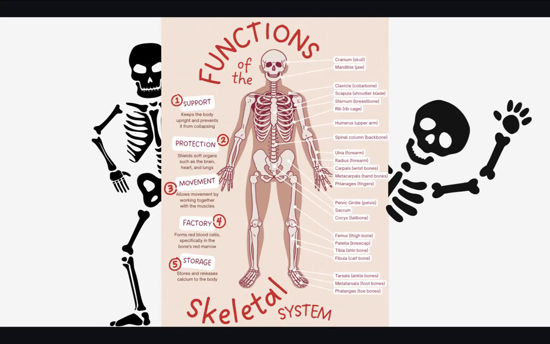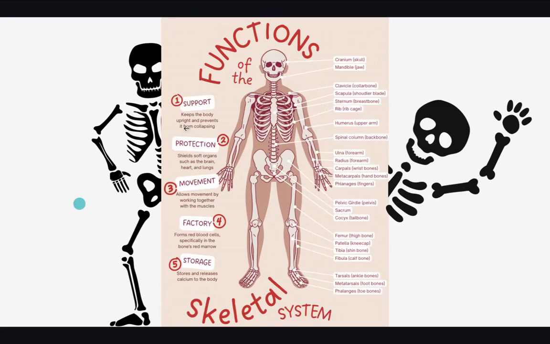That is the formation of blood cells, which basically happens in our red bone marrow. Another function is storage. Our bones also serve as a storage and releasing area for calcium in the body. These are very significant roles.